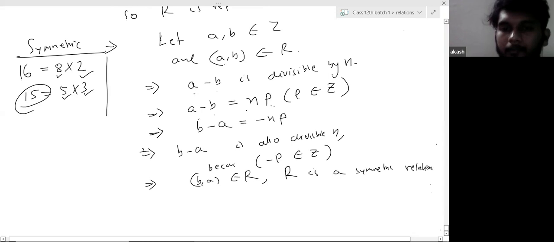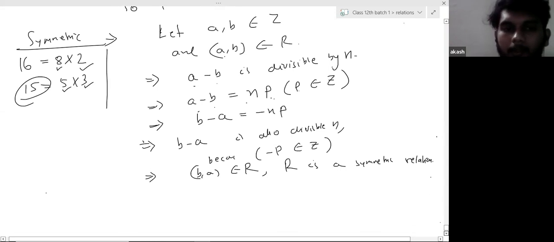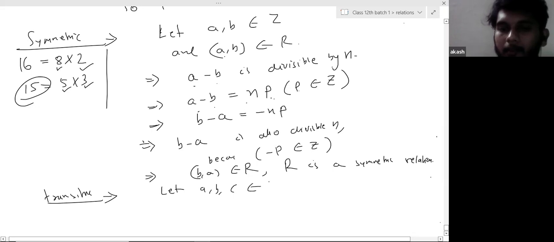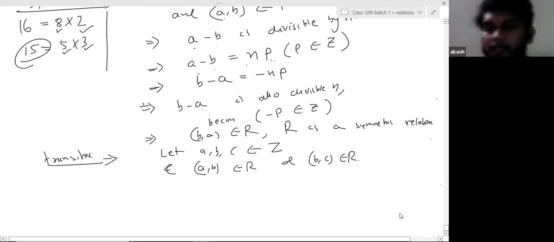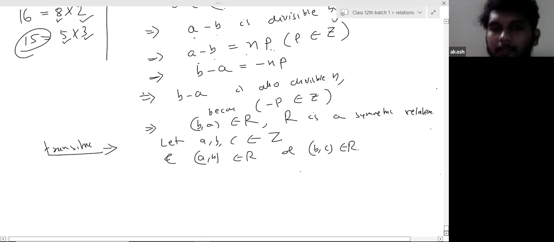Now transitive. Let a, b, c belong to Z and (a, b) belongs to R and (b, c) also belongs to R. This is the first step. Whenever trying to prove transitivity, you always have to mention this.